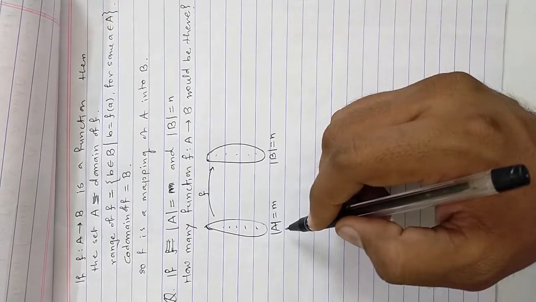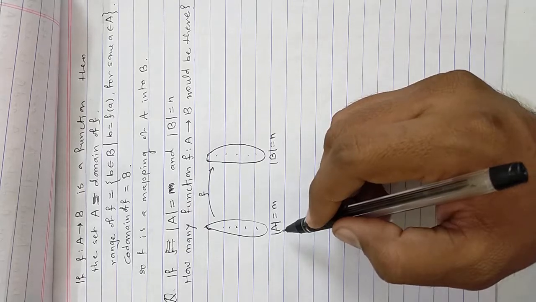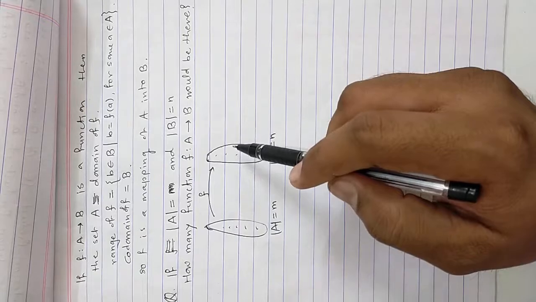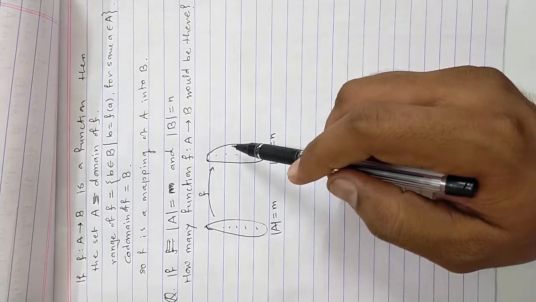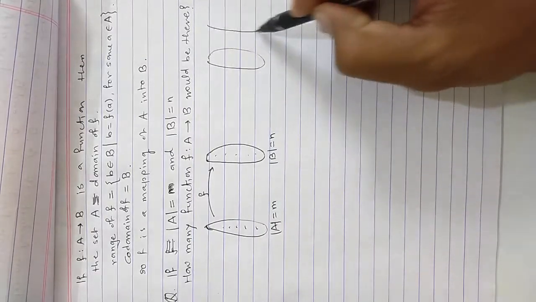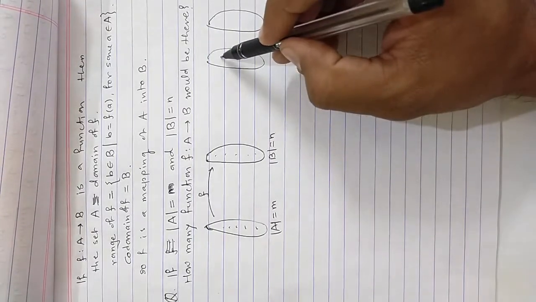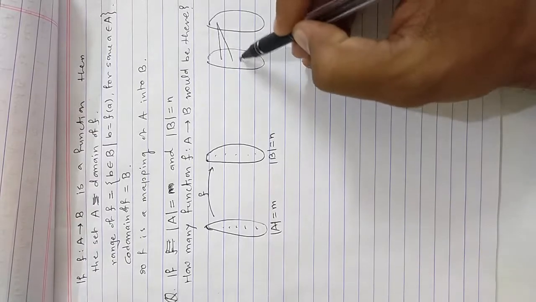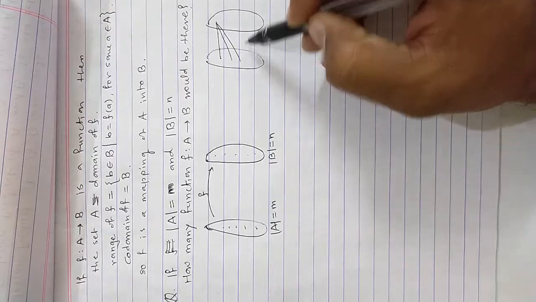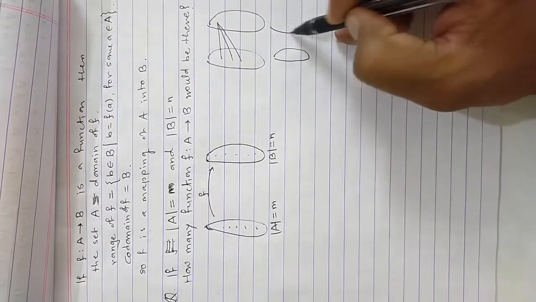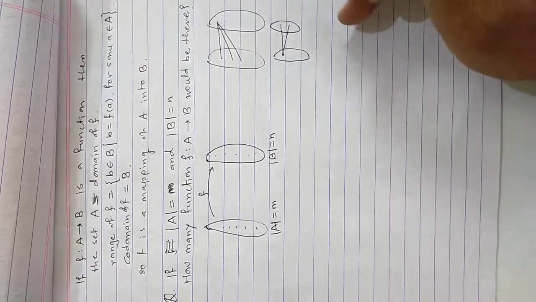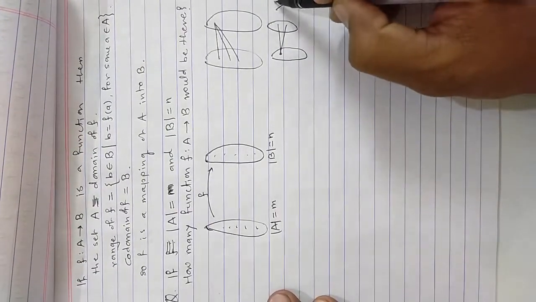So what is the basic restriction or condition? Each element of the domain should have a unique image in the codomain. That means what can be the possibility? It may be possible that all the elements map to a single element. What case should not be there? One element of the domain should not have two images in the codomain.